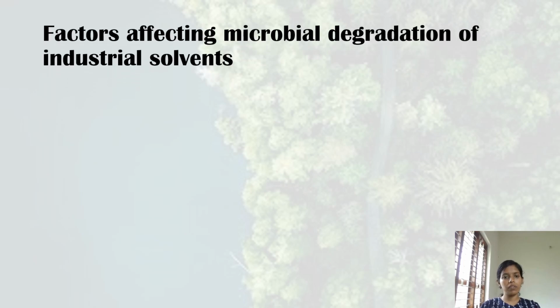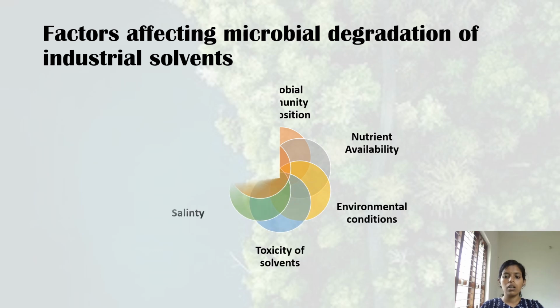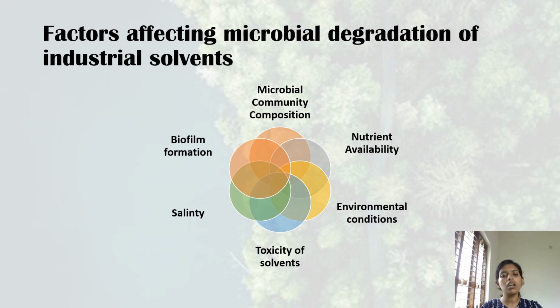Next, we can look into the factors affecting the microbial degradation of industrial solvents. Many factors affect it, and some of the main ones are microbial community composition, nutrient availability, environmental conditions, toxicity of solvents, salinity, and biofilm formation.